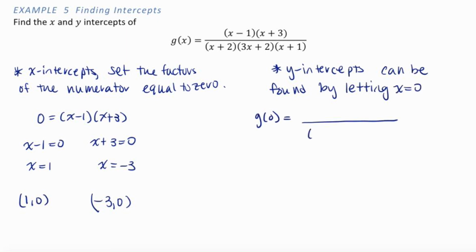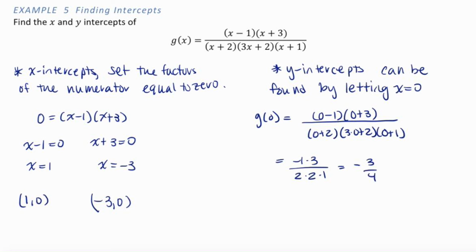This gives me 0 plus 2, 3 times 0 plus 2, 0 plus 1 in the denominator. In my numerator, I have 0 minus 1 and 0 plus 3. So I have negative 1 times 3 divided by 2 times 2 times 1, so negative 3 over 4. This corresponds to the y-intercept of 0 comma negative 3 over 4.